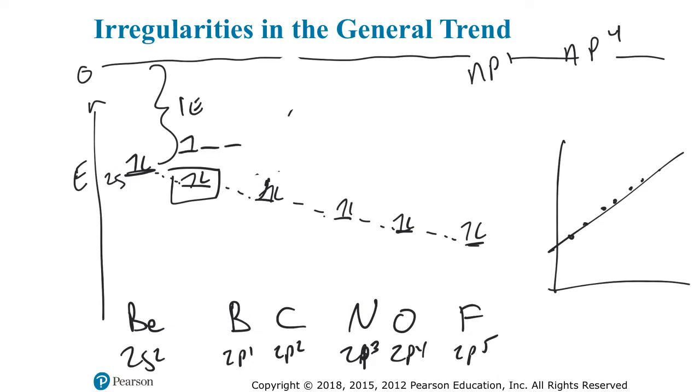So the issue with boron is that its 2p1 electron goes higher in energy than the 2s2 energy of beryllium. So if you compare the ionization energy of the 2p1 electron from boron, it's not very high. It's not as high as it would be to remove a 2s2 electron from boron.